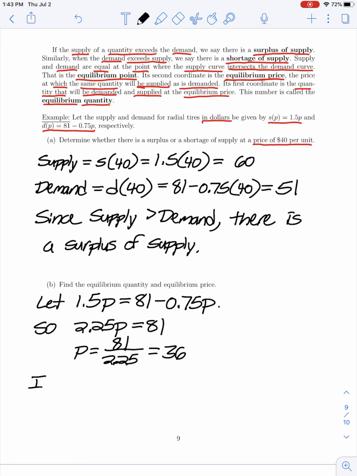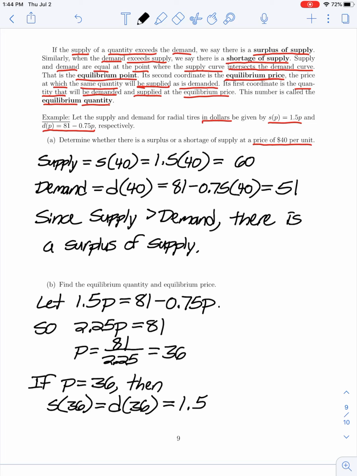Now, this is our equilibrium price, and we need to find the equilibrium quantity. So if our price P is 36, to find the quantity, we can substitute this value 36 into either our supply function or our demand function, since the value of 36 is the price which makes these equal. So here, the supply function seems a little bit easier to work with.